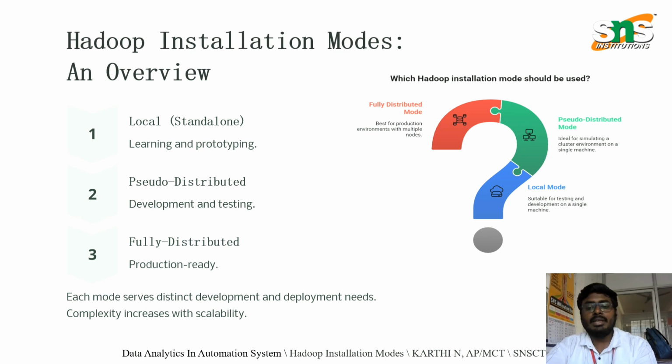The fully distributed mode is suitable for the best production environment with multiple nodes. Multiple nodes means numerous inputs and outputs for fetching input data for data analytics. Thus each mode serves distinct development and deployment needs, with complexity increasing with scalability for the data analytics process.